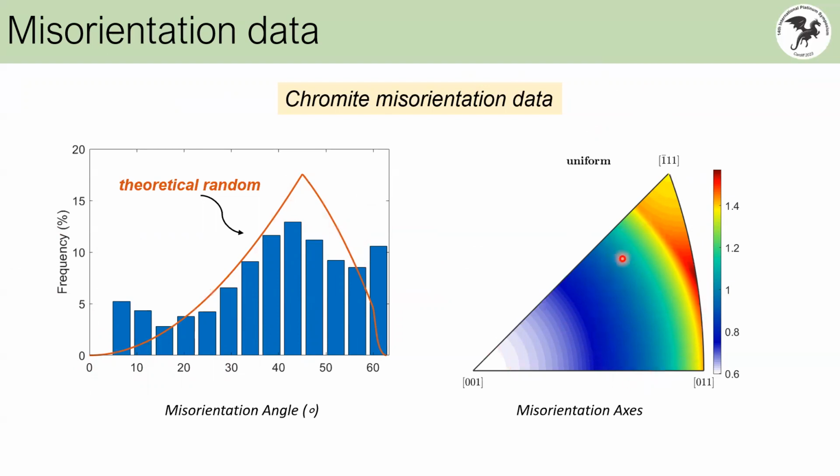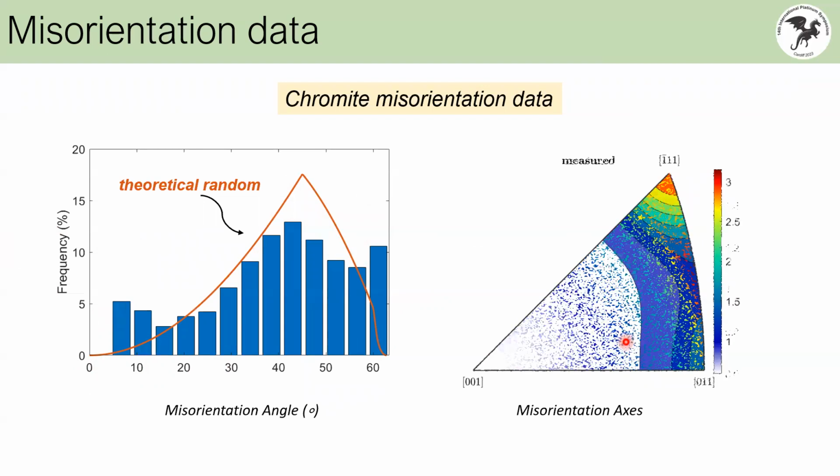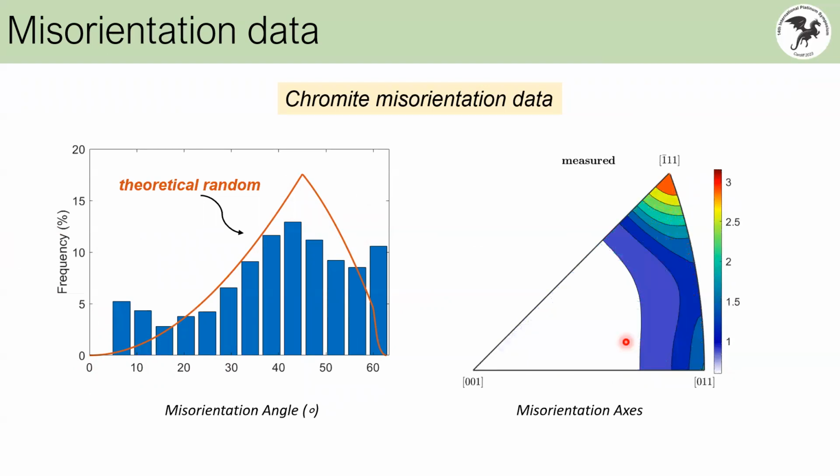This random distribution of axes can be normalized. Well, it can also be compared to the measured distribution. Later on, I'll show you what happens when you take the theoretical out of this measured distribution. So you can examine the peaks that you think you see.